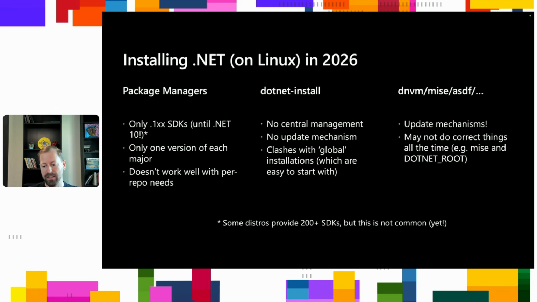So there's a long list of decision trees that you have to go through just to install our software. You have to decide if you're okay with certain restrictions on the feature bands that you will have available to you, because the .NET SDK ships 4 times a year, and each quarterly shipment contains new features and enhancements.